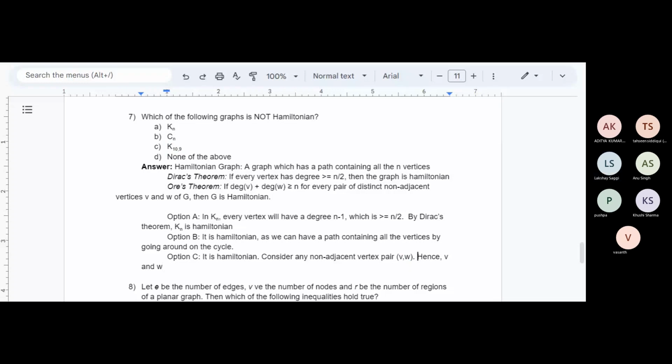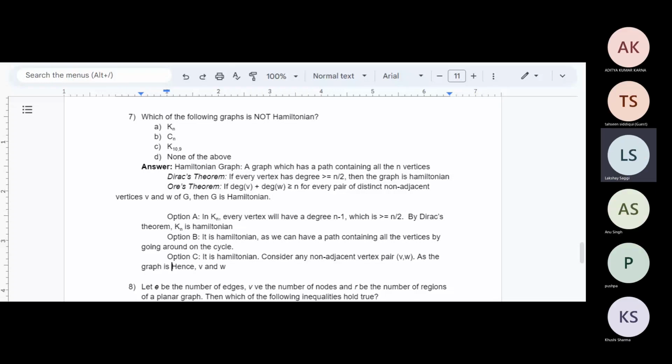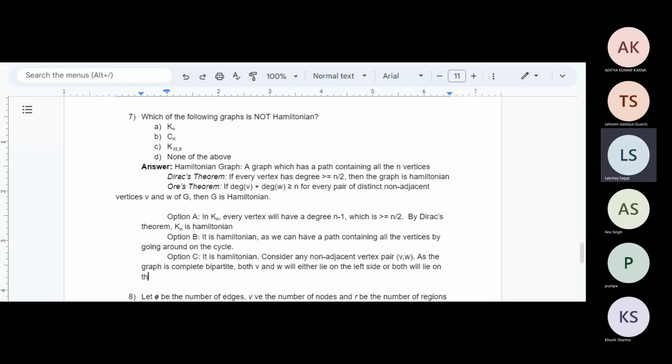As the graph is complete bipartite, both V and W will either lie on the left side, or both will lie on the right side.